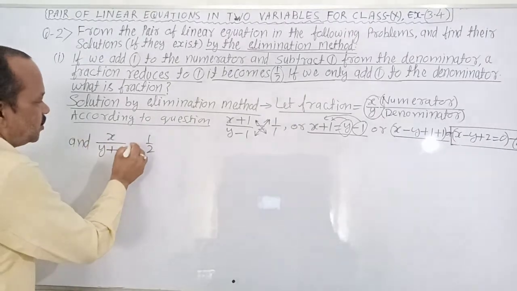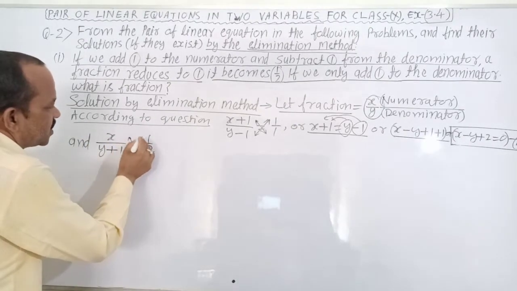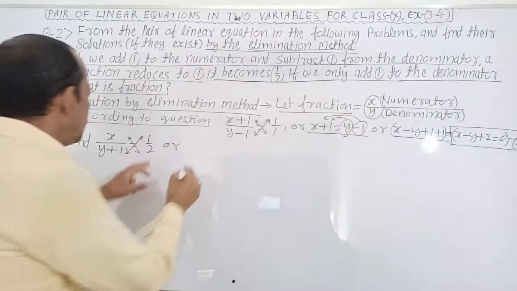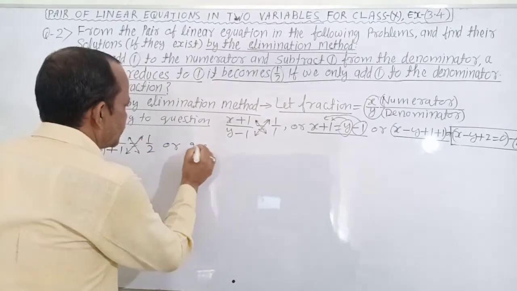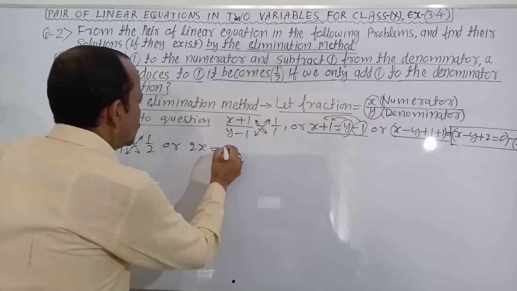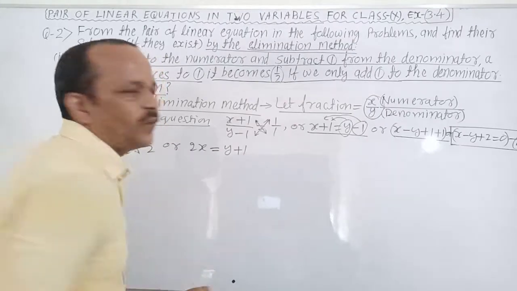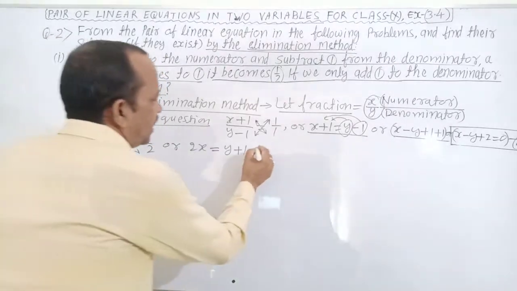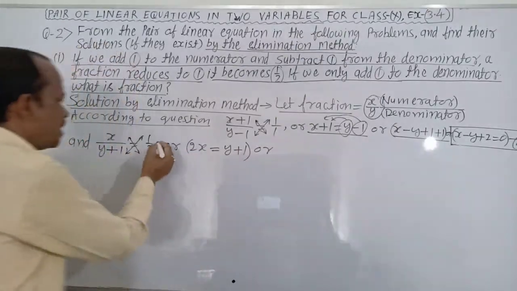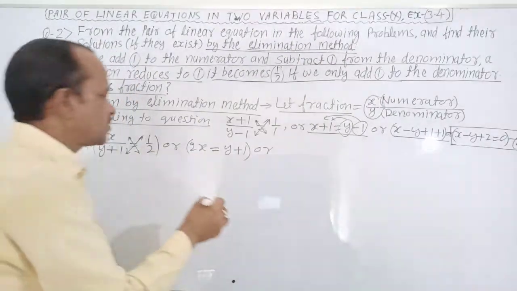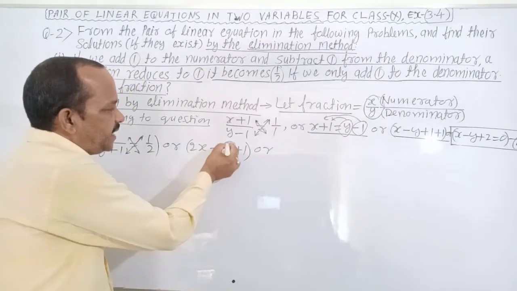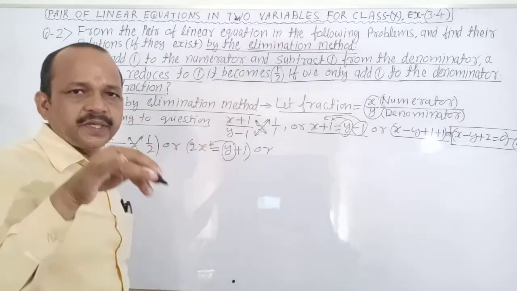Now you cross multiply, it becomes 2x equal to y plus 1. Here plus y, you write it on the left side of the equal sign.